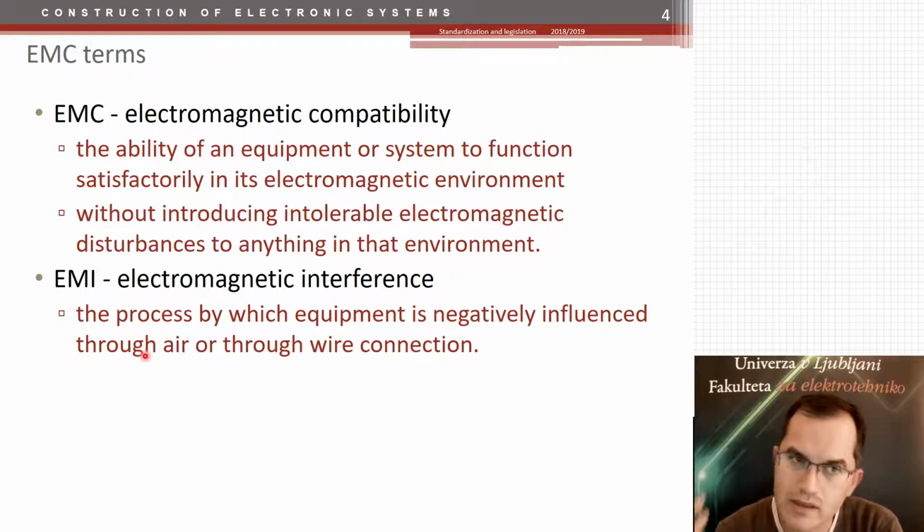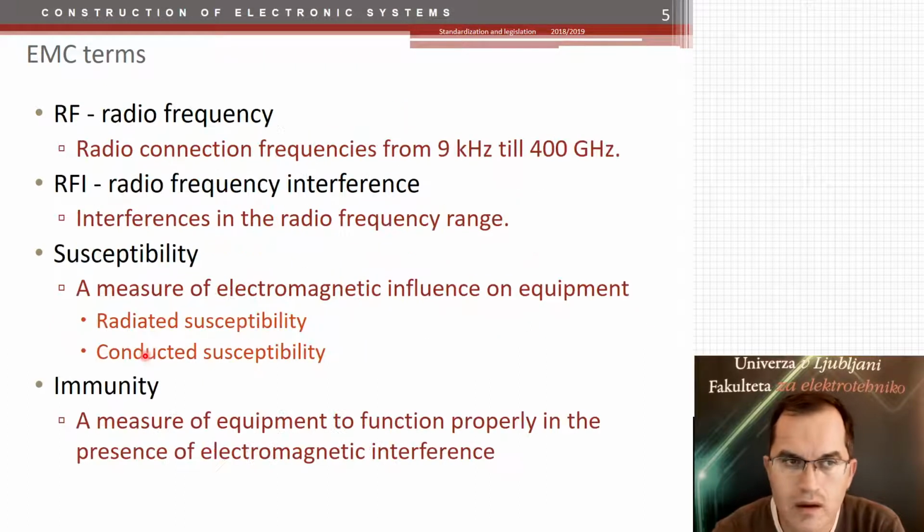Electromagnetic interference is the process in which the equipment is negatively influenced because of the radiation. Radio frequency is everything from 9 kilohertz to 400 gigahertz. Radio frequency interference is then the noise that interferes with other equipment in this frequency range.